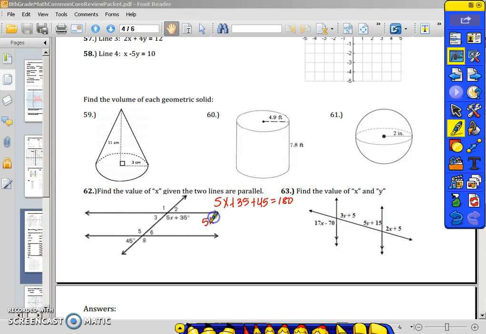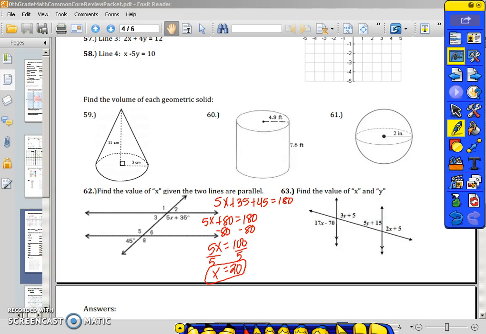Combine like terms, 35 plus 45 is 80. And now you solve for x. Subtract 80 from both sides. Divide by 5. X is 20. So I've done that. I'm good.